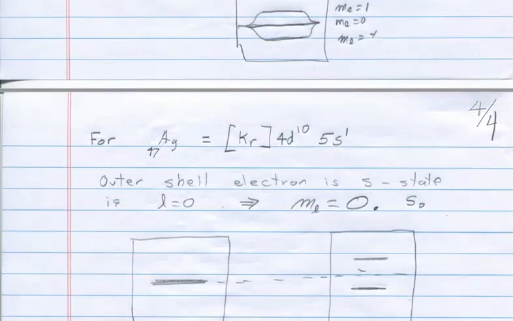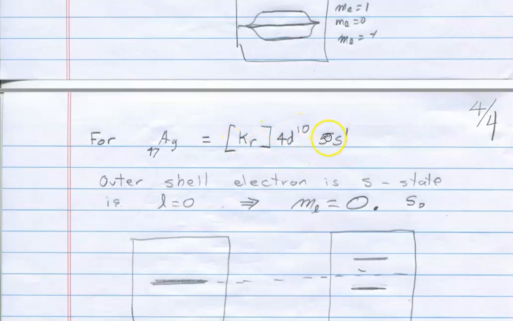If you look at it in sort of modern day notation, silver atom is atomic number 47, which is a krypton core, and then the outer shell is 10 4d electrons and 1 5s electron. And the outer shell here, all these others are closed shells.